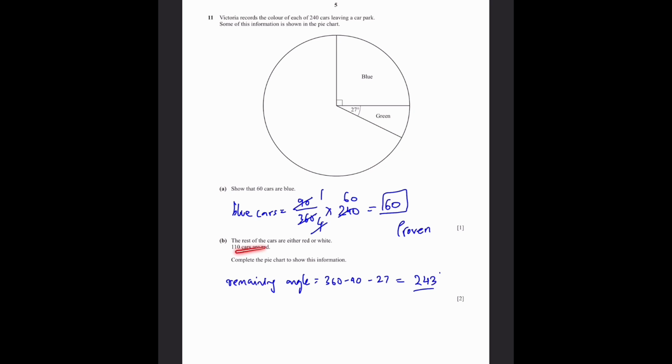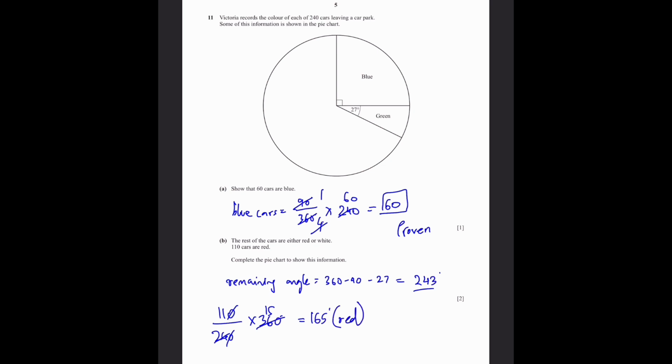And now 110 out of 240 are red, and the rest are white. So 110 by 240 multiplied by 360 to get the degrees. We can cancel the 0 there, and we can cancel this to make 15. 11 into 15 is equal to 165 degrees for red cars.